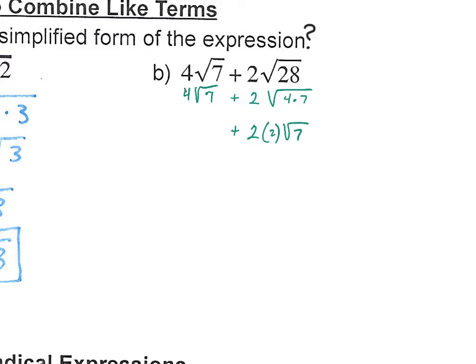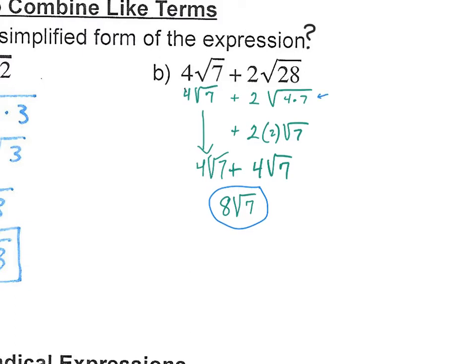The square root of 4 is going to be 2, so I bring that out, leaving behind the square root of 7, which comes to 2 times 2, or 4 square root of 7. And just bring that down, and I have 4 square root of 7. So 4 plus 4 square root of 7 is going to be 8 square root of 7. And that's how you would simplify that, simplifying the radical in order to combine like radicals.